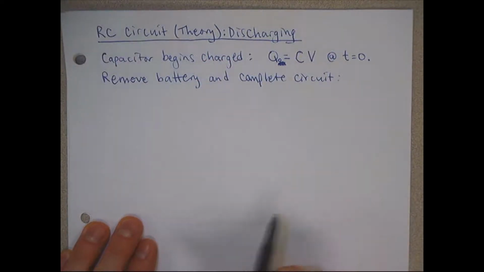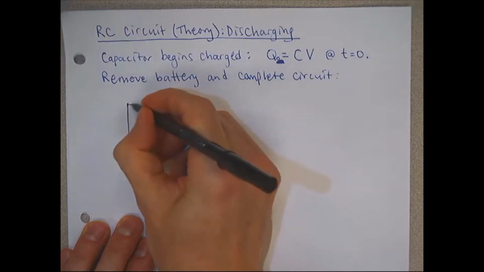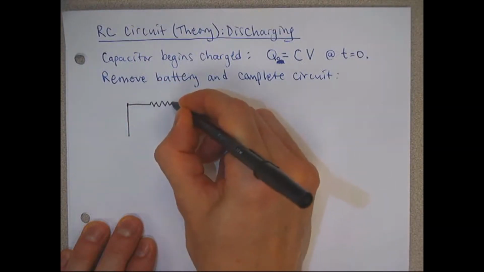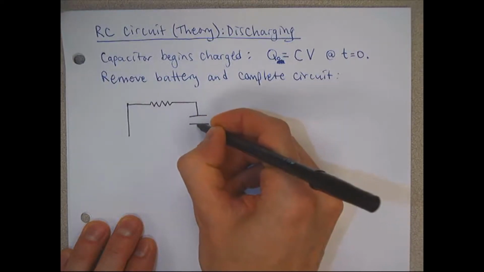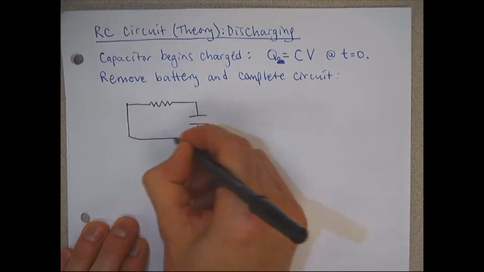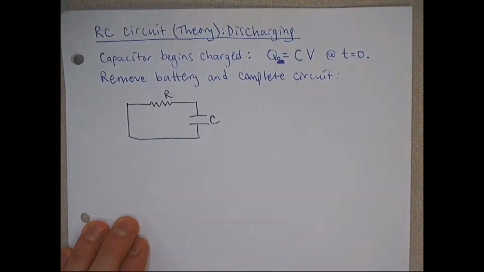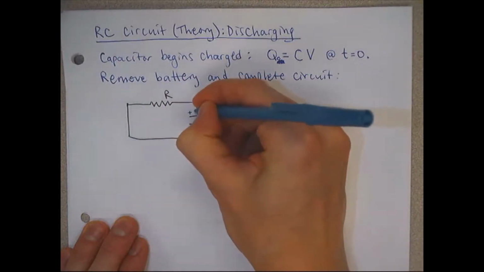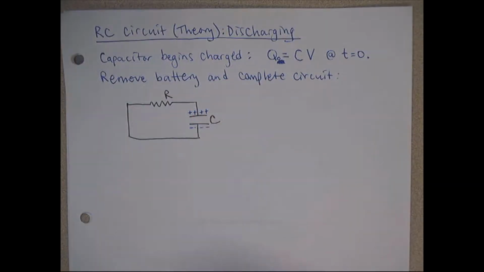What should this look like? We have now just a wire attaching the resistor back to our now charged capacitor. Well, what will happen?